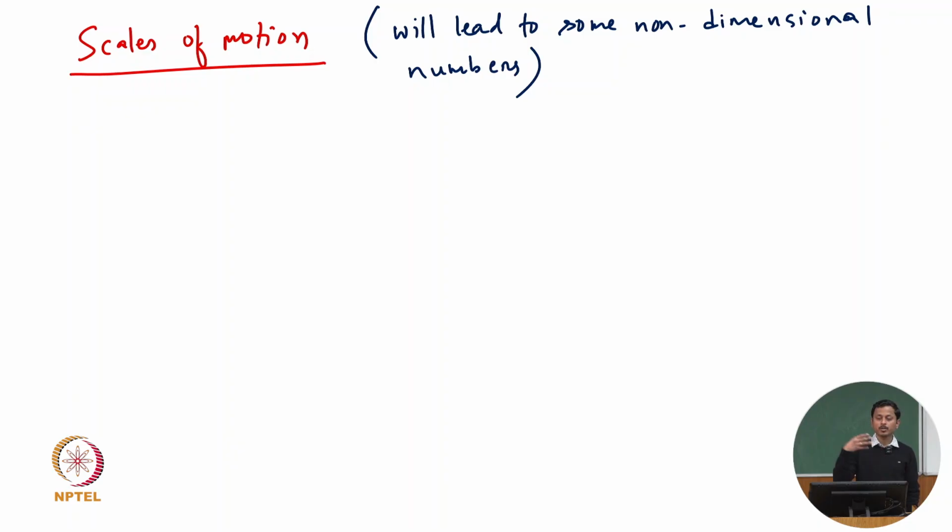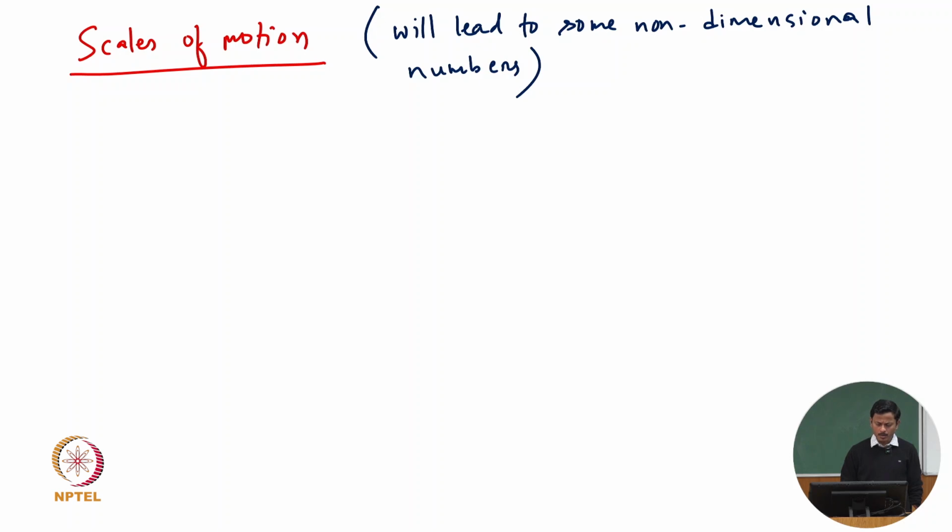So the scales of motion is important because it will help us define some non-dimensional parameters, and the non-dimensional equations are important for us to understand. Those are the ones that can go into the numerical solver that you develop to solve the equations of the motions in the atmosphere and the ocean.